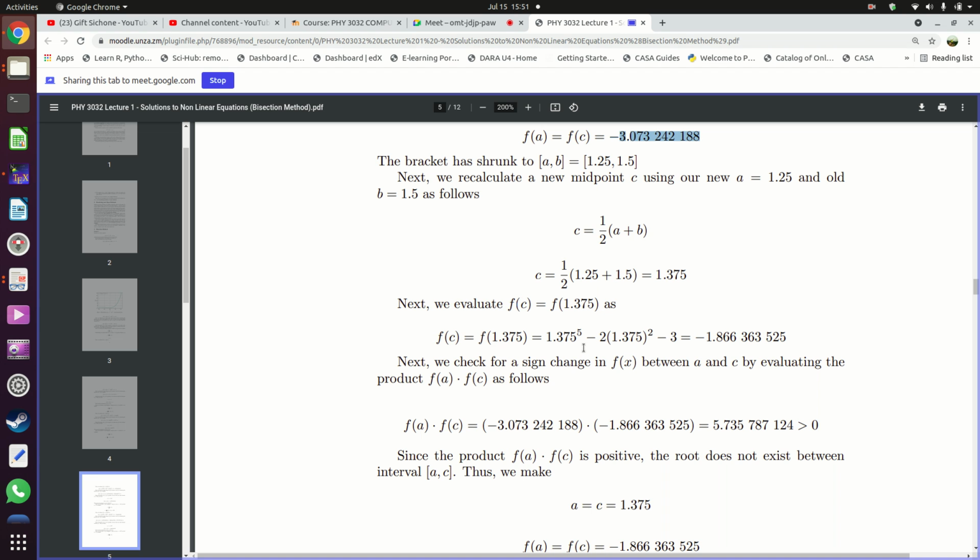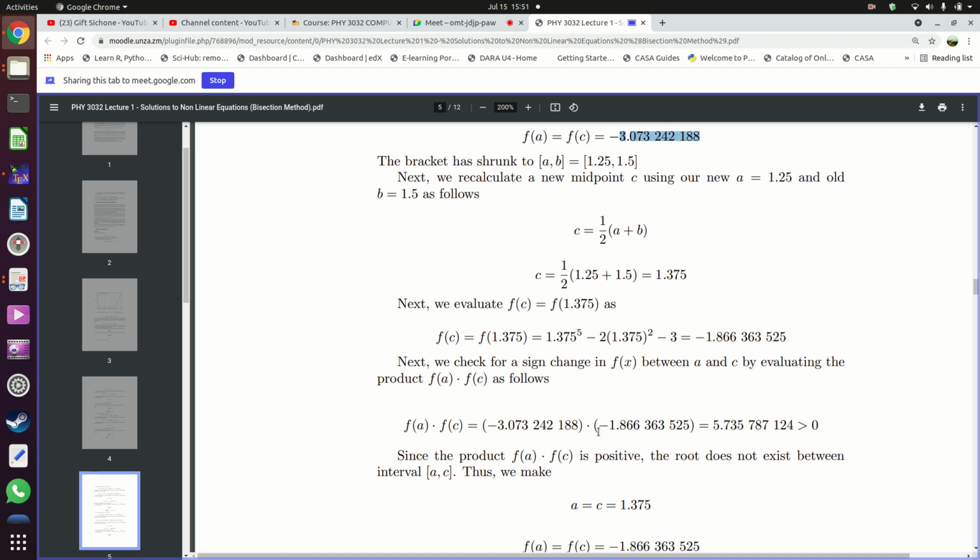So you check, is there a solution between A and C? And how do you do that? You work out this product, f of A times f of C. f of A is this, a negative number, minus 3.073 something. Then your f of C is this one here, minus 1.866 something.